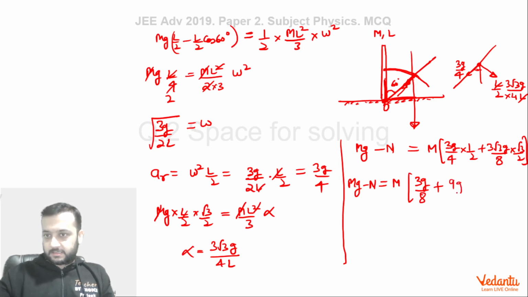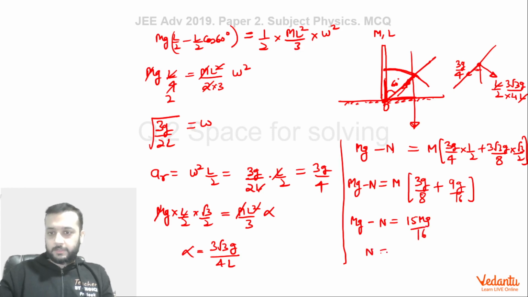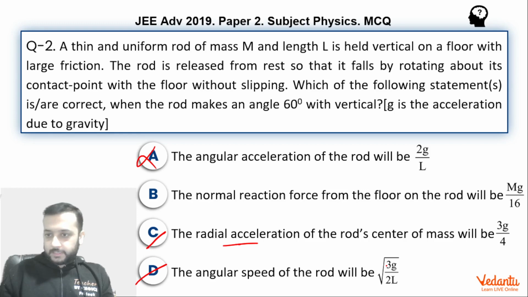So this will become 6 plus 9, which is 15. So mg minus N will be equal to 15 mg by 16. Okay, so normal becomes mg by 16. So this is option B, which is again right.